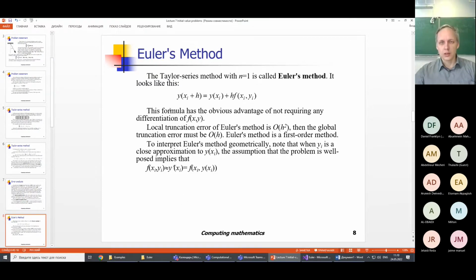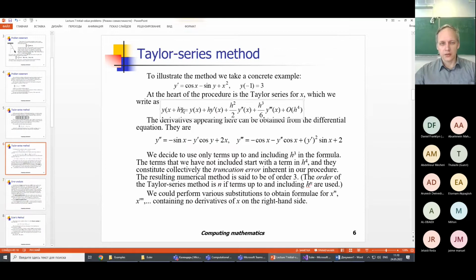Well, let's take the Taylor's formula, this one, and let's truncate it at this step. So let's remove all of the terms up to and including h power 2. What will we have after this?